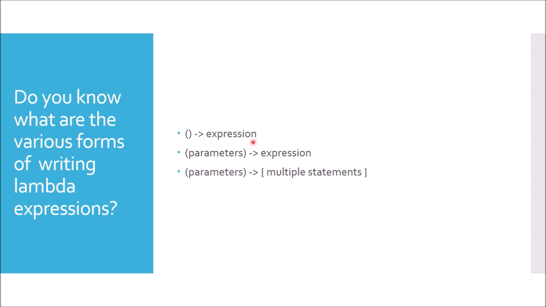If you have parameters, use parentheses and then write the expression. Now if you have multiple parameters and multiple statements to write, you can use the parentheses and write the multiple statements separated by semicolons within brackets. So remember, these are the three forms.